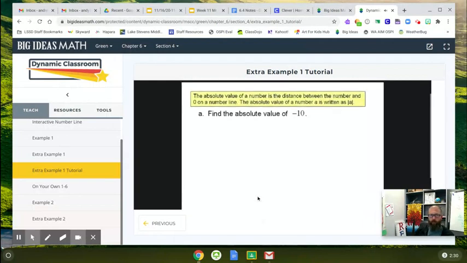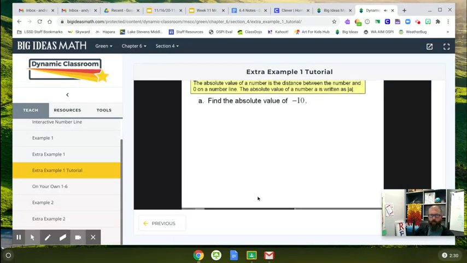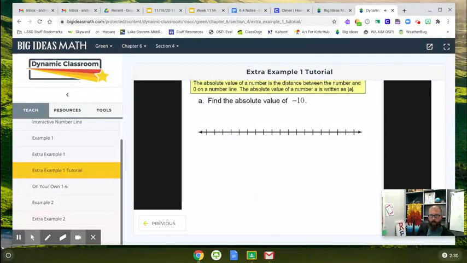The absolute value of a number A is written as the number A with a vertical bar on each side. Because of the definition, we need to start with a number line. Label the number line with 0 toward the right because we need to find the distance between 0 and negative 10. Continue to label the number line.